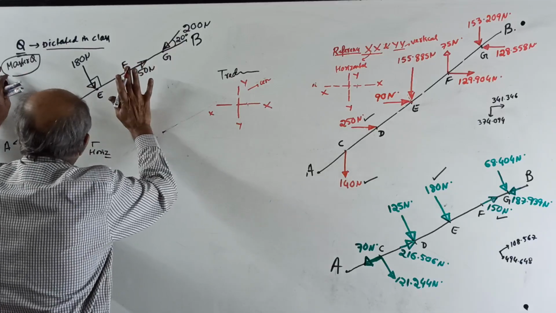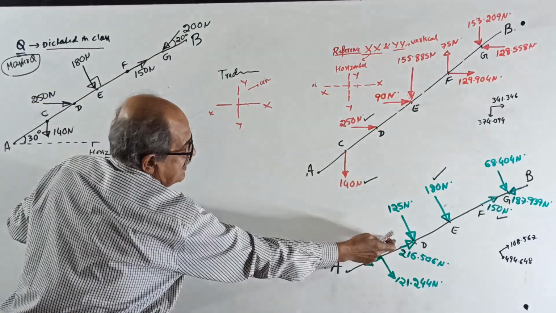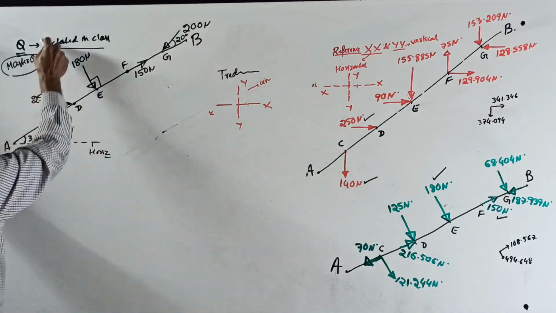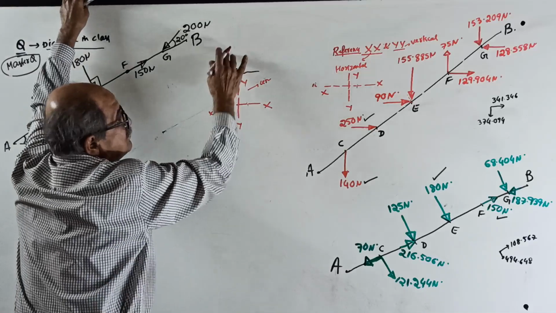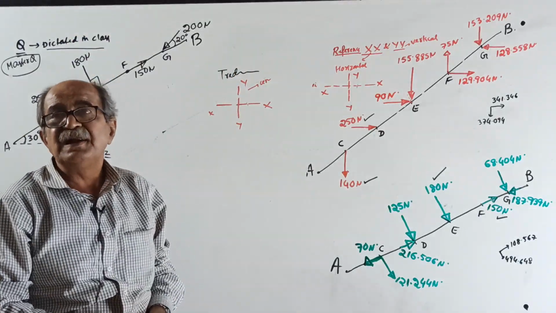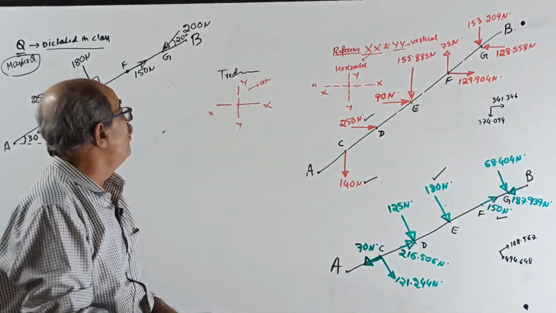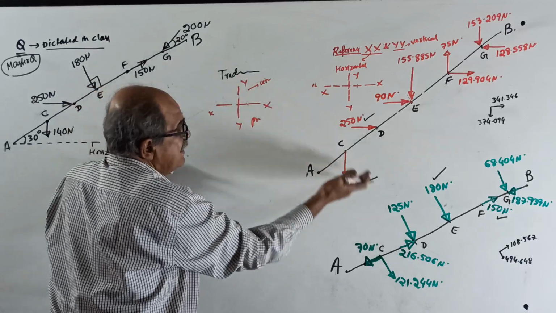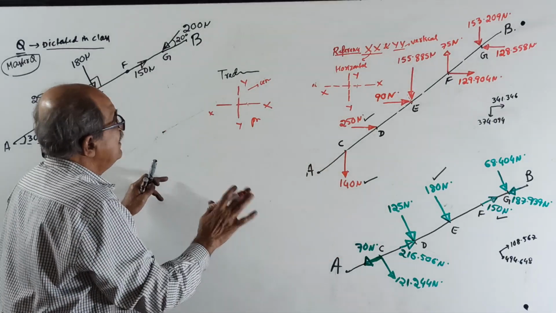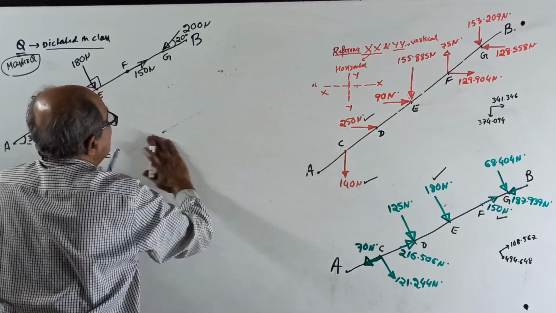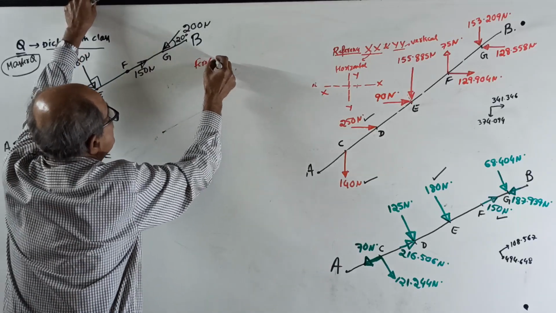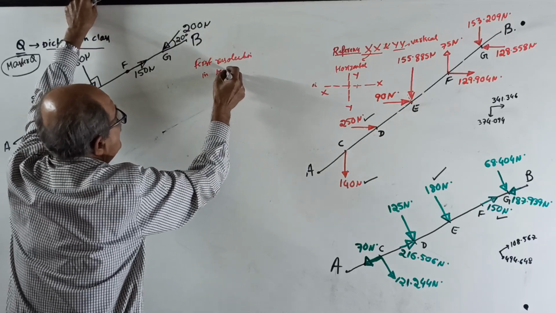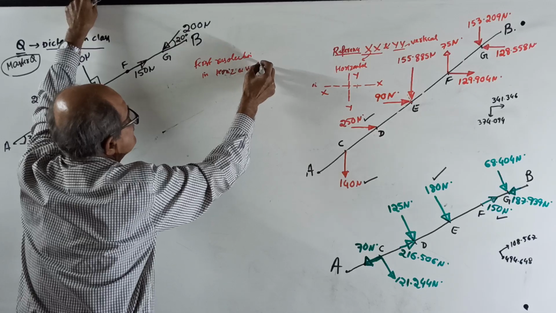Our real question is resolution along the plane and perpendicular. That I will take in the second half. So the first half is repetition of what you did last time, only for practice purpose and later to compare. Okay, first do one thing. First, in red color, first resolution in horizontal and vertical directions.